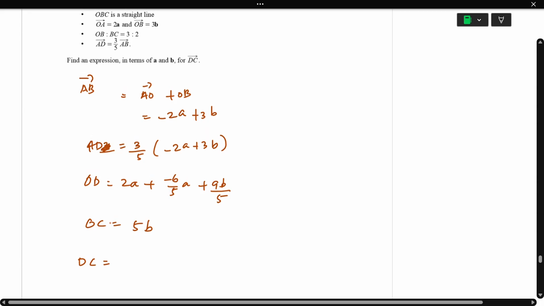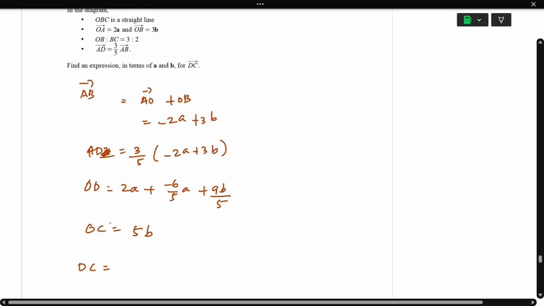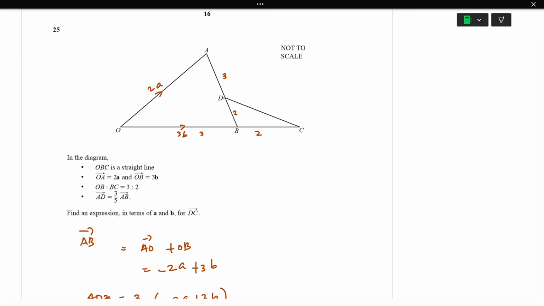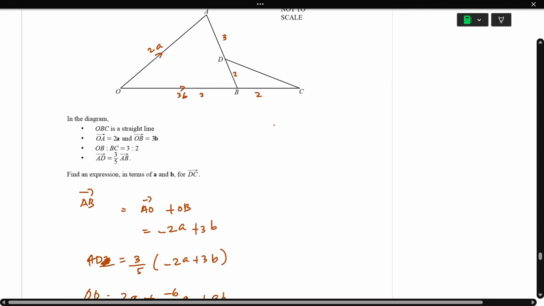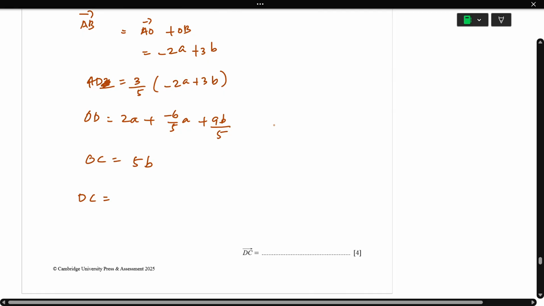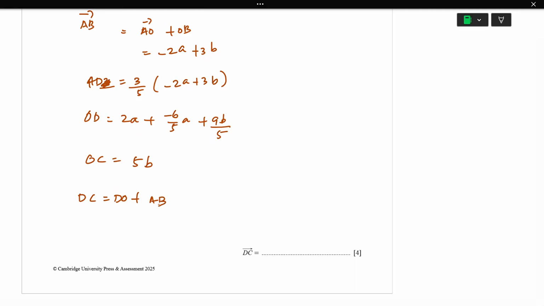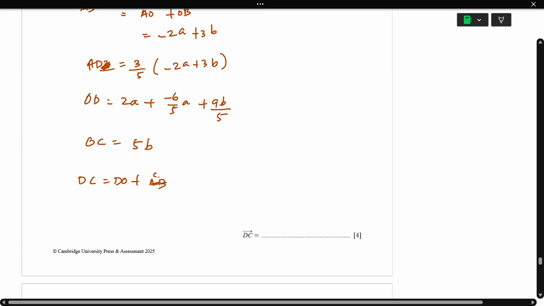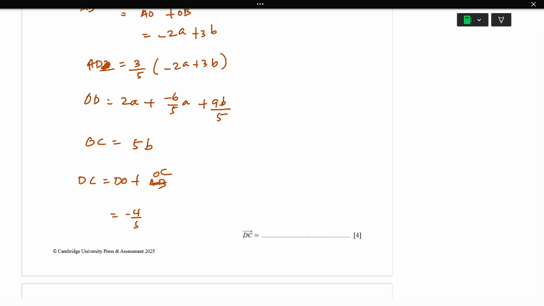DC equals DO plus OC, which is equal to minus 4 over 5 A minus 9 over 5 B plus 5B.